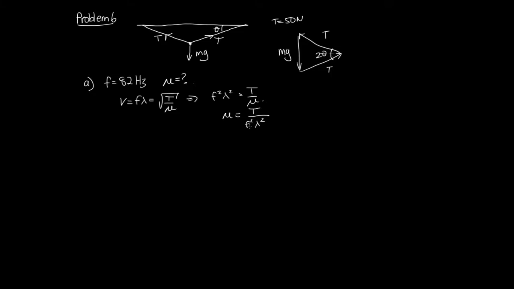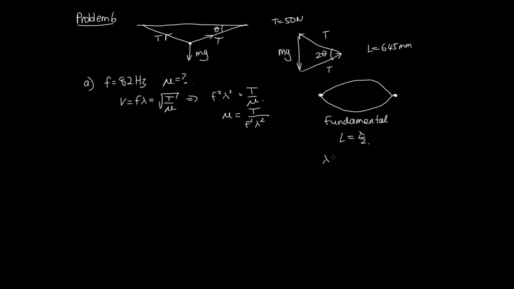The frequency we're told, so it's the wavelength that we need to worry about now. Now, in the question, we're told that the length of the string is equal to 645 millimeters. And the other thing we know is that this 82 Hertz, that's for the lowest possible sound. So for a string, the lowest possible note is going to be this fundamental, for which L is equal to half a wavelength.